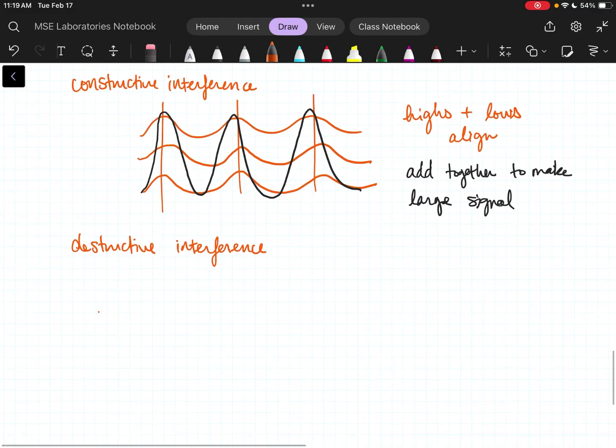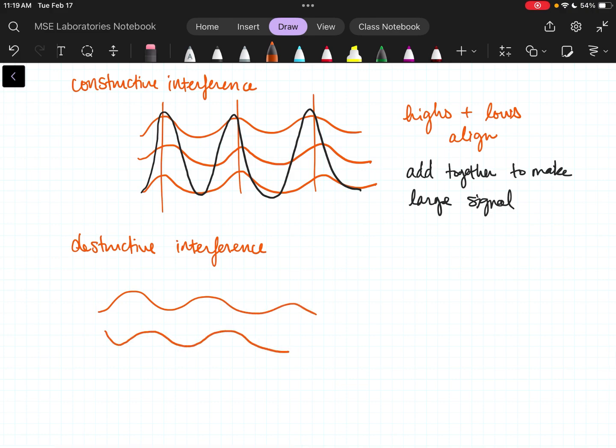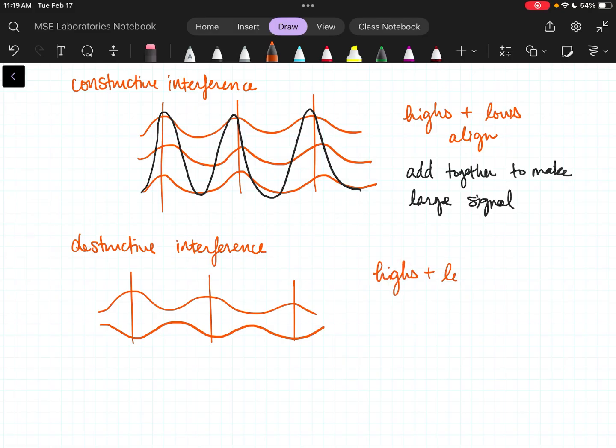Other times we're going to get destructive interference. This is the opposite. This is where my highs and lows are opposite of one another.